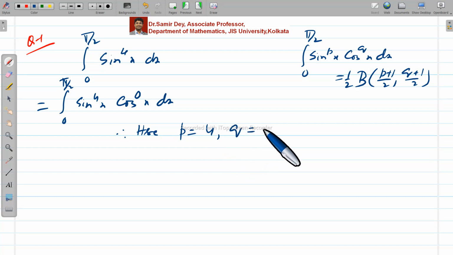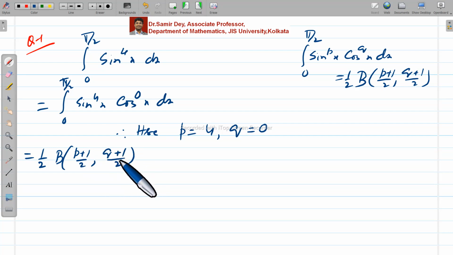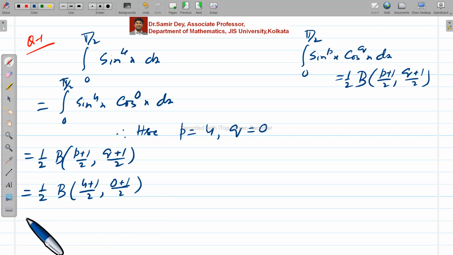What is your q? q equals 0. Very good. Now write down the formula: 1 by 2 B((p plus 1) by 2, (q plus 1) by 2). So here p equals 4, plus 1 by 2, and q equals 0, plus 1 by 2. From here you may write 1 by 2 B(5 by 2, 1 by 2). Is it okay? Is it clear?